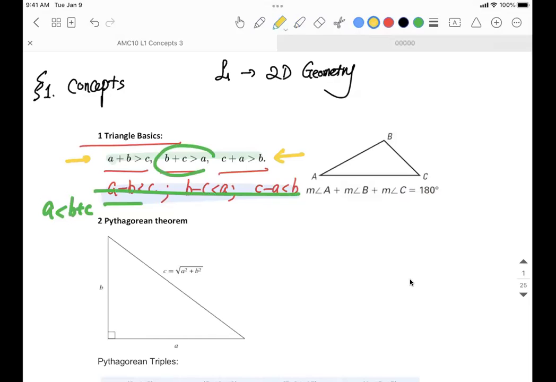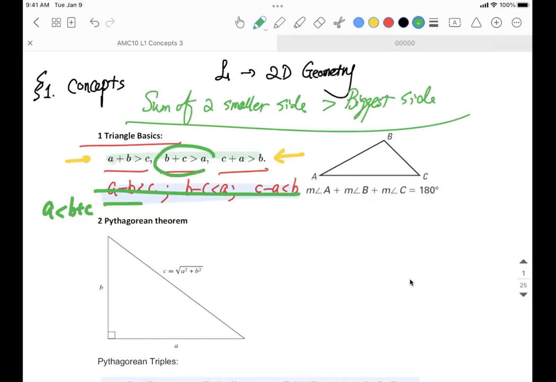Okay. Actually, the answer is no, not necessarily. As long as you can find out the sum of 2 relatively smaller sides is greater than the biggest side, and then this will be good enough.